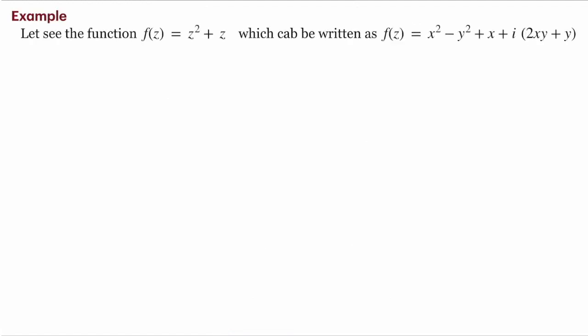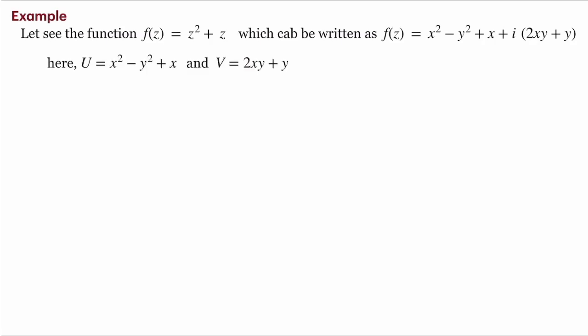Let's look at another example. Let's look at the function f of z equal to z squared plus z. This is a polynomial, so it should be analytic in the entire complex plane, or it is an entire function. So let's write it down in terms of x and y. f of z is equal to x squared minus y squared plus x, plus i times 2xy plus y.